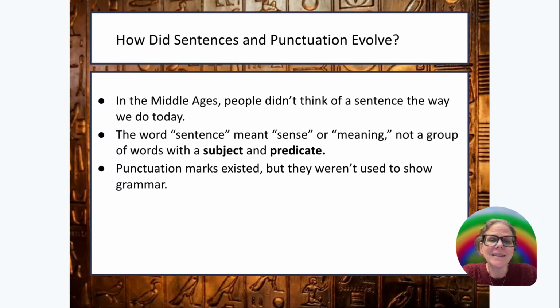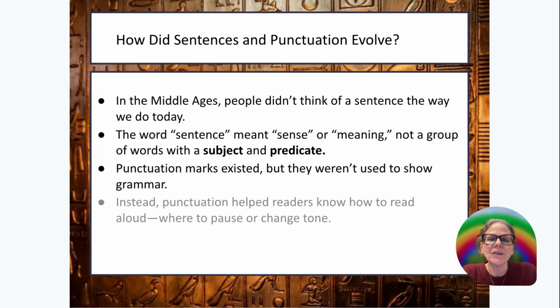Punctuation marks existed, but they looked a little bit different, but they kind of did the same job. They helped readers know how to read out loud, like where to pause, which is what commas do, or where to change tone, which is kind of what periods, exclamation points, and question marks do. They tell us what our voice is supposed to do.